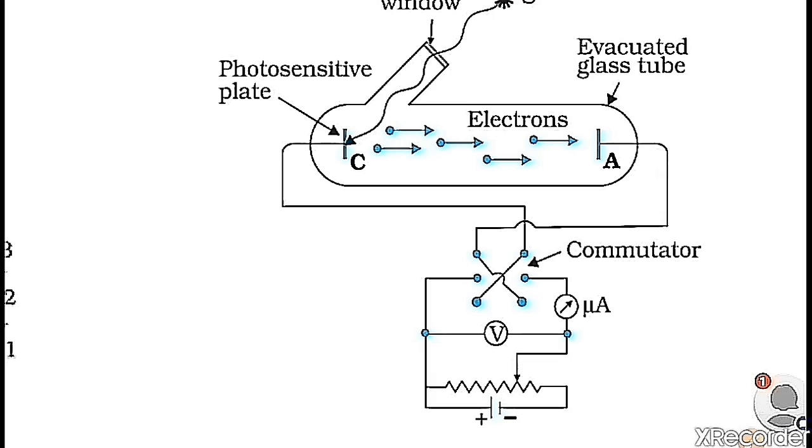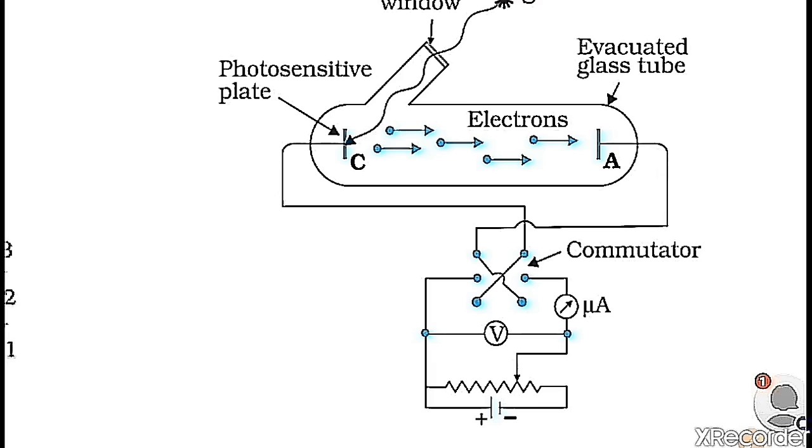The photoelectric current is found to decrease rapidly until it drops to zero at a certain value, and this value of voltage is called the cutoff voltage, cutoff potential or stopping potential. For a particular frequency of the incident radiation, the minimum negative potential V naught given to the plate A for which the photocurrent stops or becomes zero is called the cutoff or stopping potential.